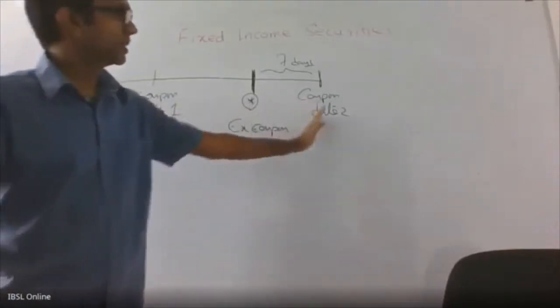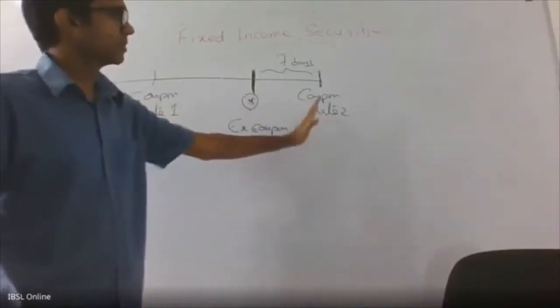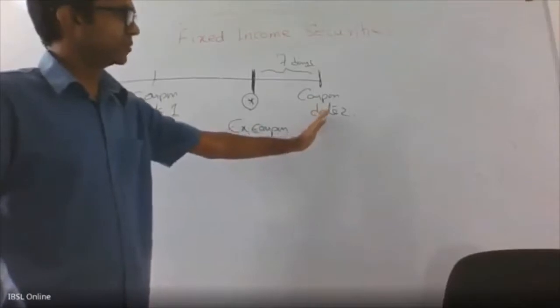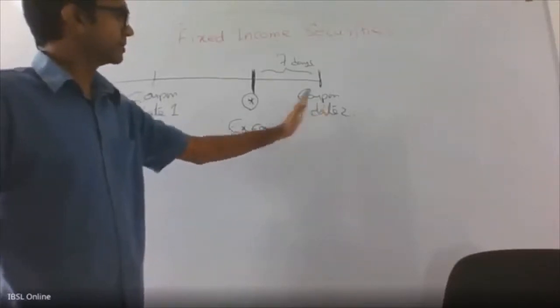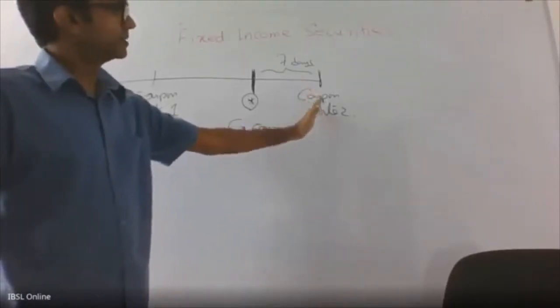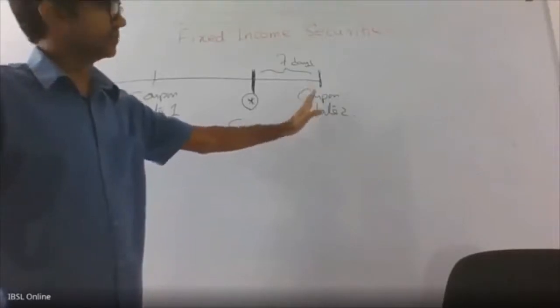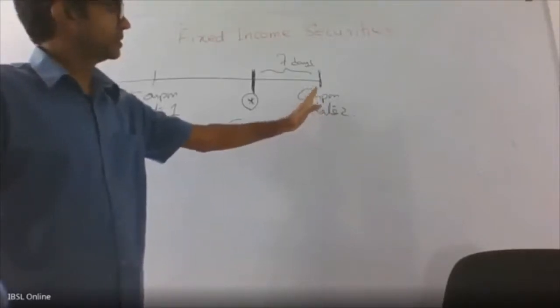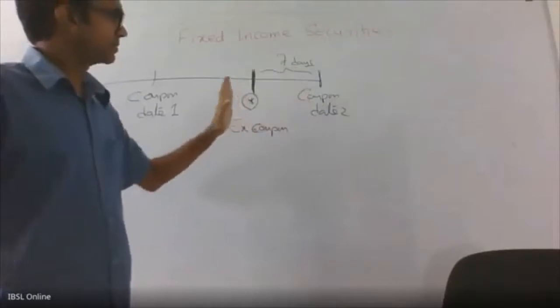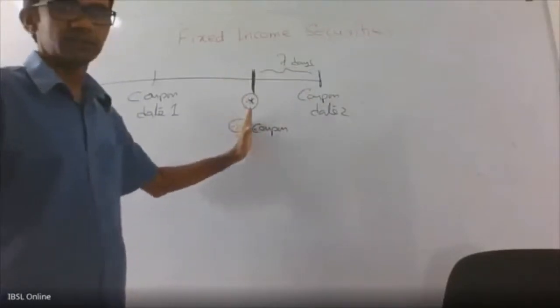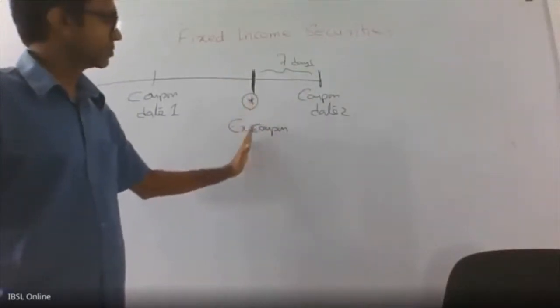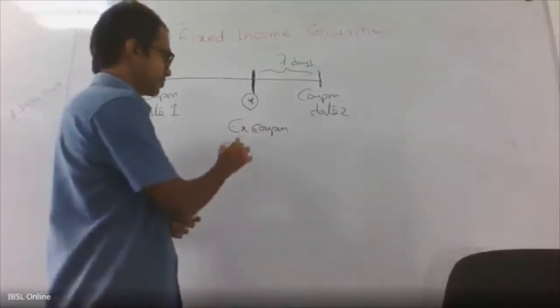There are two coupon dates. Before the second coupon, whatever the coupon date, the bond issuer decides, it's given in the agreement at the beginning. The coupon will be paid to the bondholders on this ex coupon date.